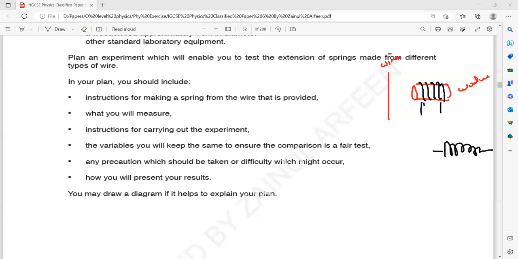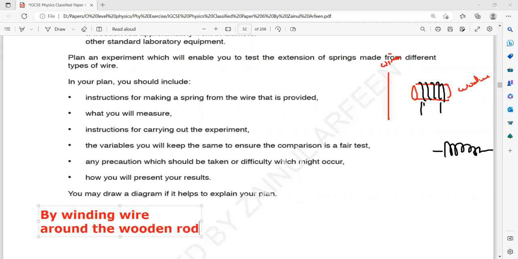So that's the first part, how we can make it. Whenever you're writing the experiment, try to answer the question point by point separately. So by winding the wire around the wooden rod, that's how we can make the spring.